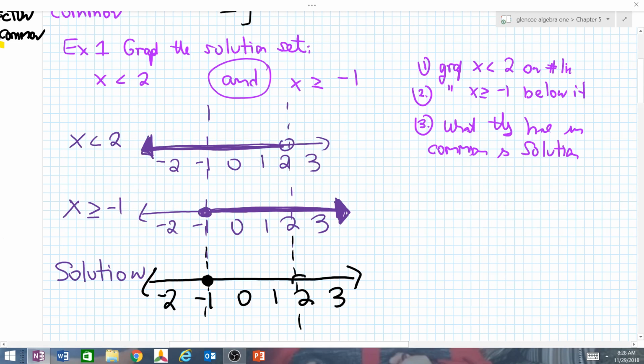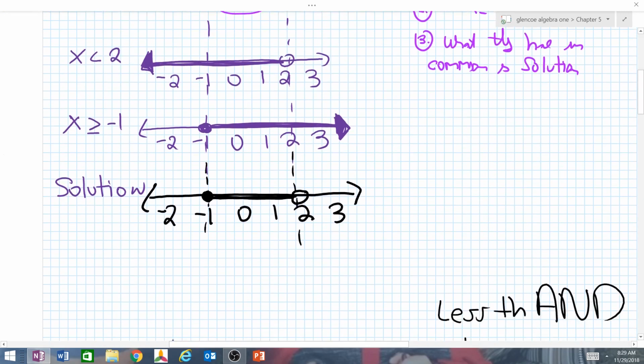Okay, and I call these solutions, when you look at them, sometimes they look like a barbell. It's just what's in between. So my solution is a closed circle on -1, an open circle on positive 2, and everything in between. Now the next part is the part that students sometimes say, can you do that again?